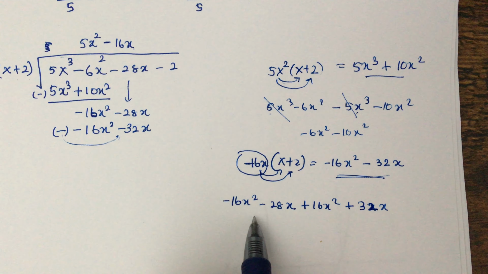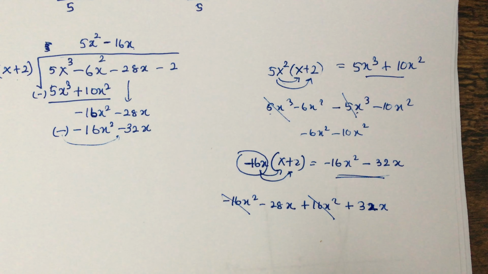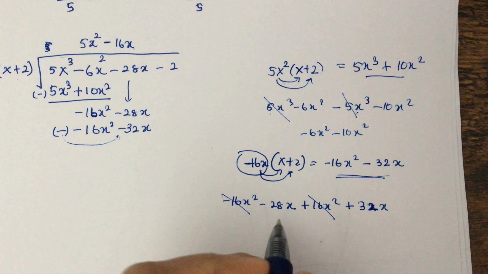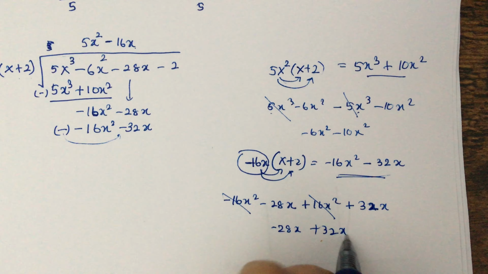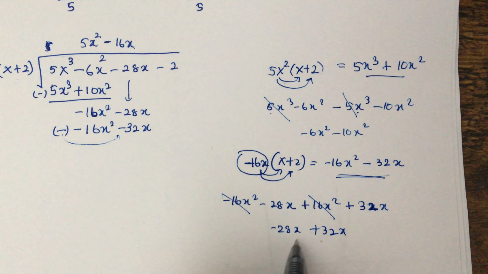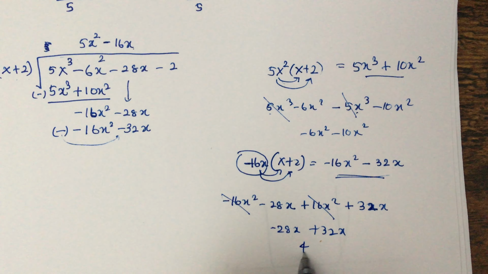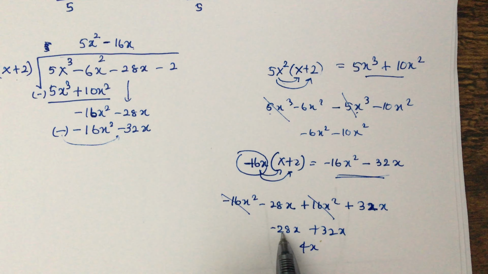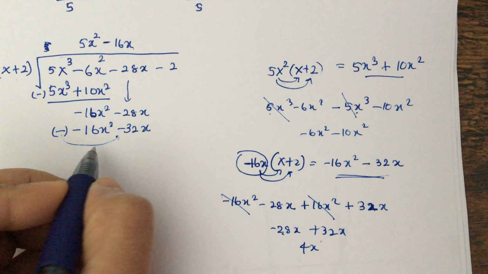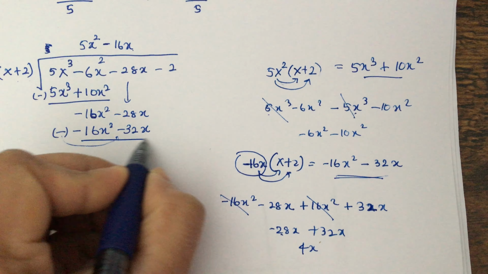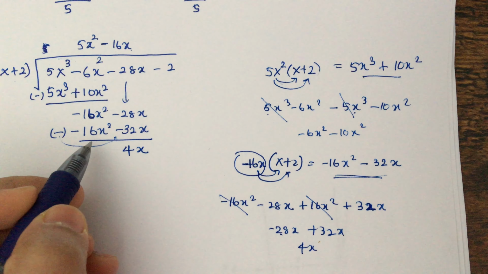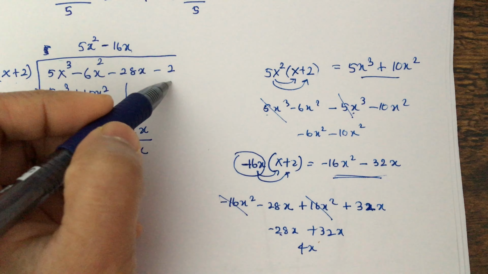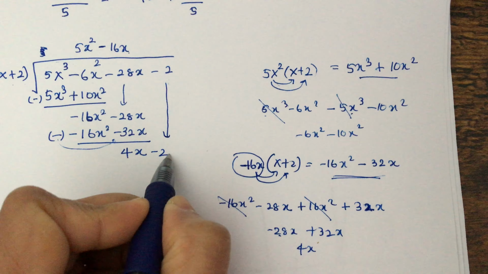So here 16x squared is 0, and here negative 28x plus 32x gives you positive 4x. 32 minus 28 is 4x. So you are going to write 4x under this. We did the subtraction here, and then you are going to take this term again with the sign.